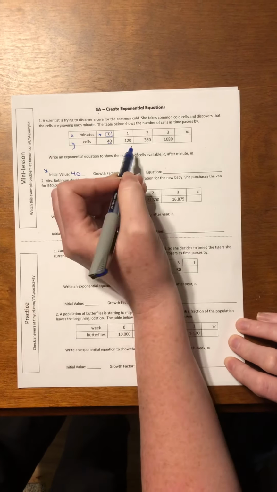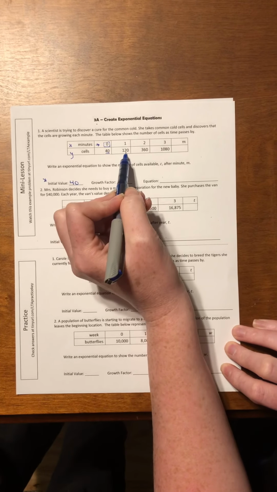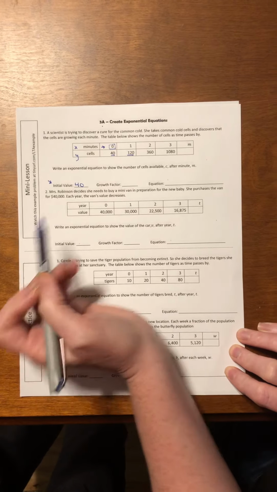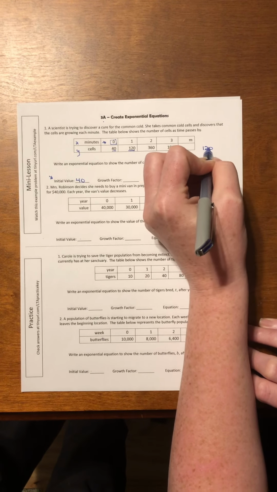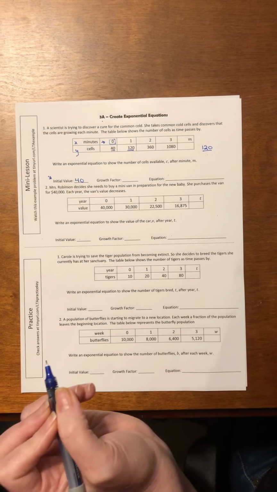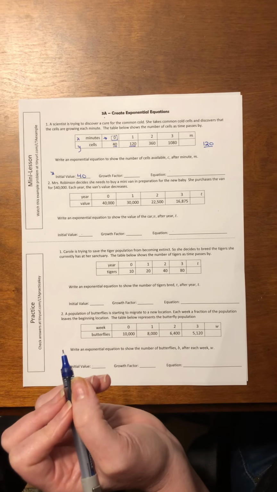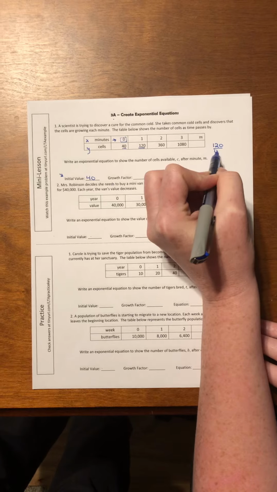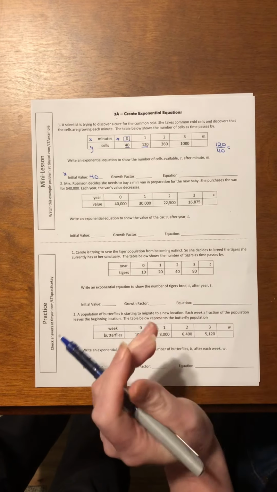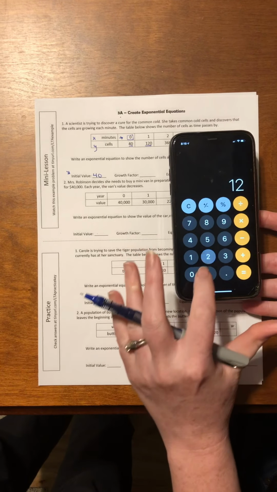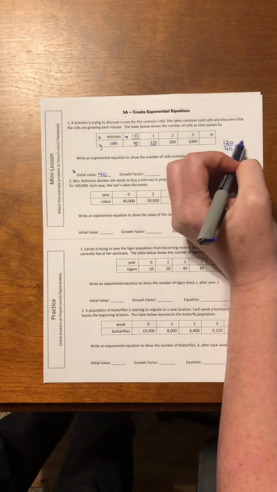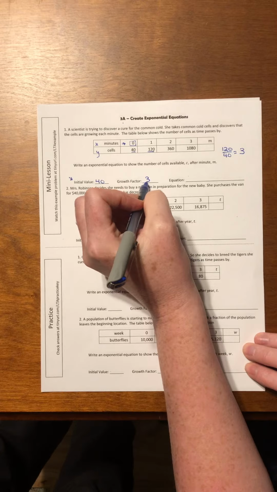To find your growth factor, you're going to take the y value, so in year 1, so 120, and you're going to divide it by that initial value of 40. Okay, so I put 120 divided by 40 in my calculator, that equals 3. So I have a growth factor of 3.